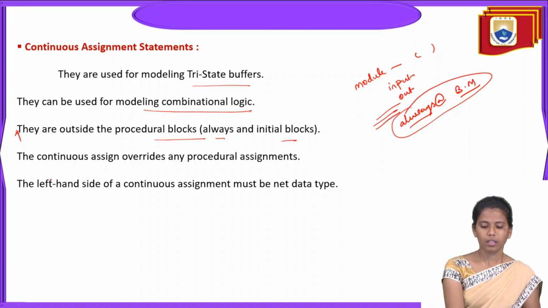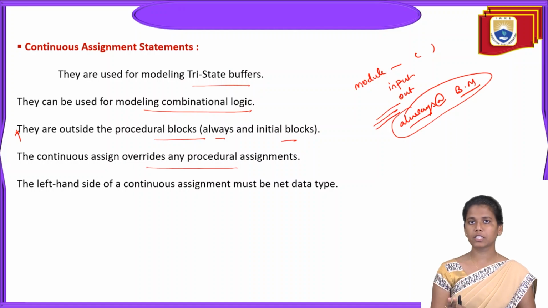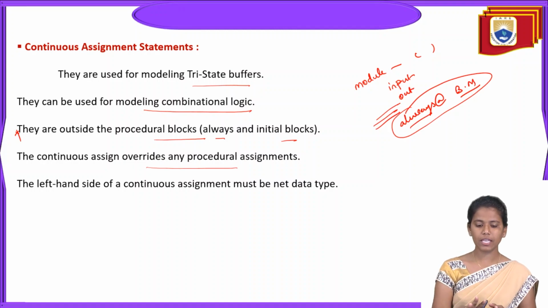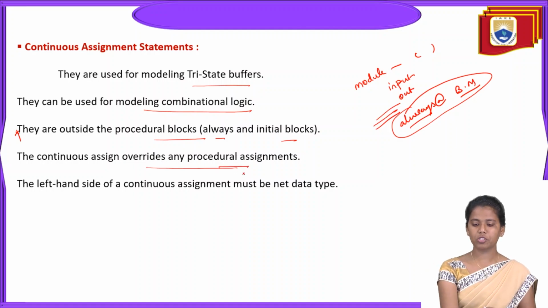Then the continuous assign overrides any procedural assignment. We have different types of assignment statements: procedural assignment statements, implicit assignment statements, explicit assignment statements, and continuous assignment statements. If you compare all these four, the continuous assignment statements can override the procedural assignment statement. And the left hand side of a continuous assignment statement must be a net data type.